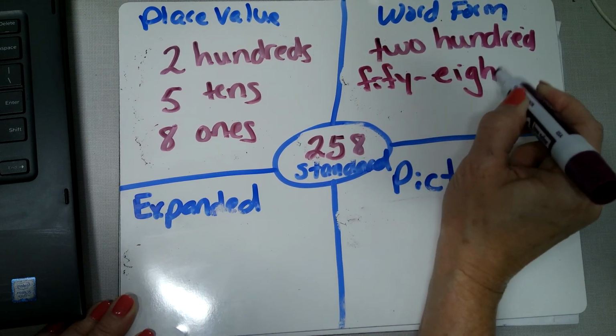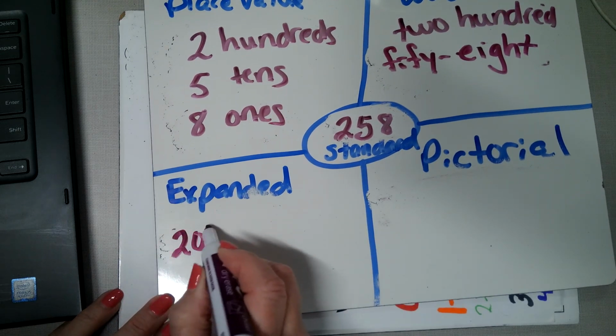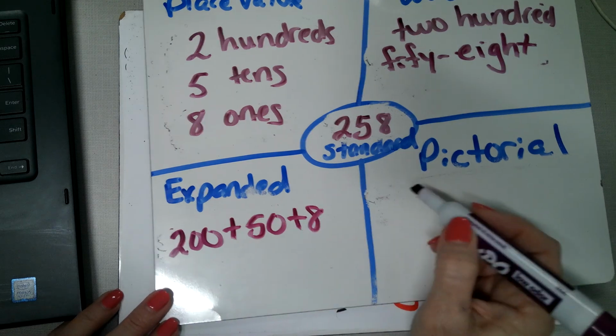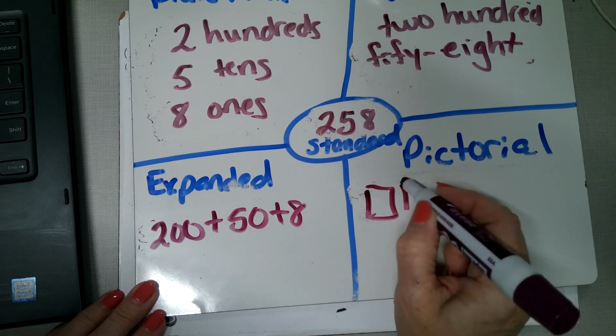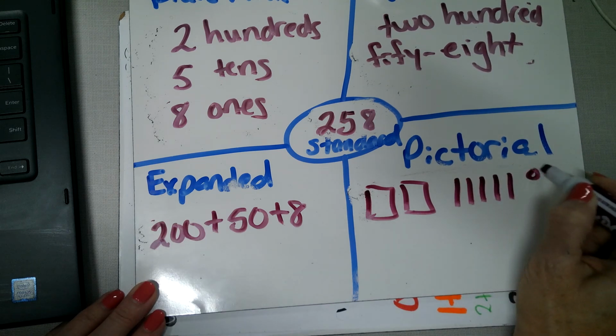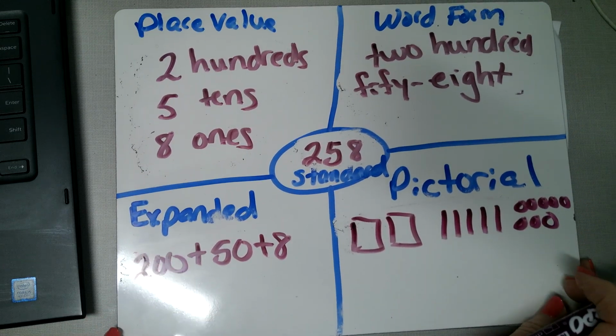Don't forget the dash between the tens and the ones. In expanded form, you should have had 200 plus 50 plus 8. And then in pictorial form, 2 hundreds, 3, 4, 5 tens, 6, 7, 8 ones. Does yours look like mine?